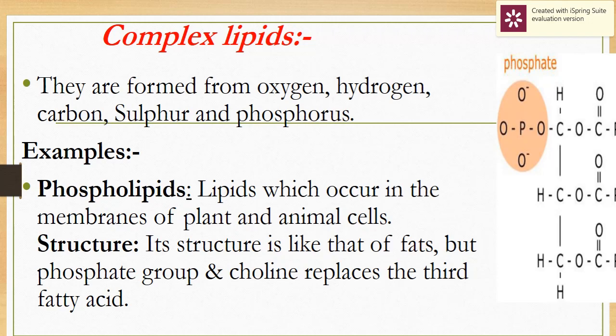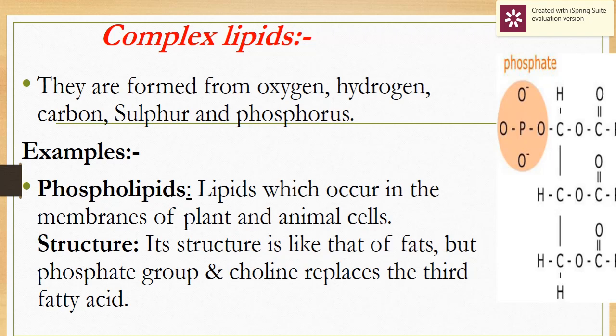So we can add sulfur and phosphorus or nitrogen inside their structure. An example of a complex lipid is phospholipid. From the word phospho, we have phosphorus here. They are present in the cell membranes of some animal and plant cells.